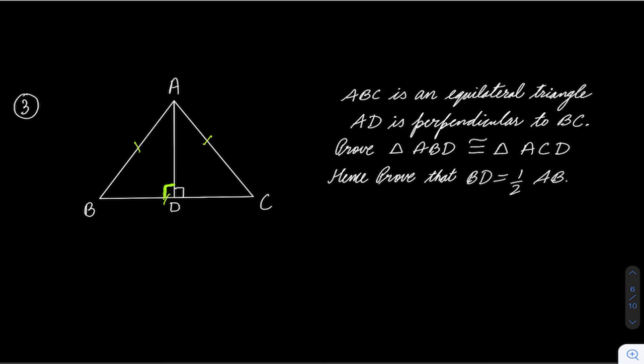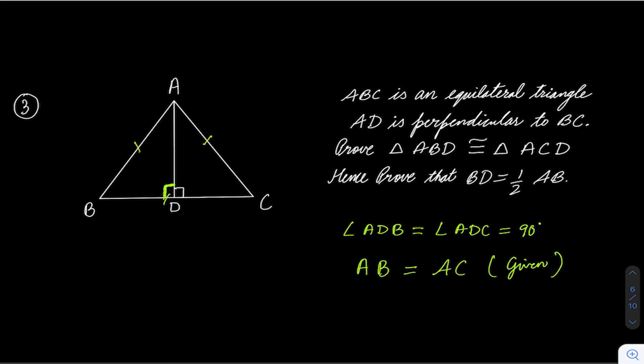Now one right angle is there in both the triangles. So I can write angle ADB is equal to angle ADC is equal to 90 degrees. Then hypotenuse. The hypotenuses are AB and AC for the triangles, which are also equal because the triangle is equilateral. We can say it's given, or it's an equilateral triangle.